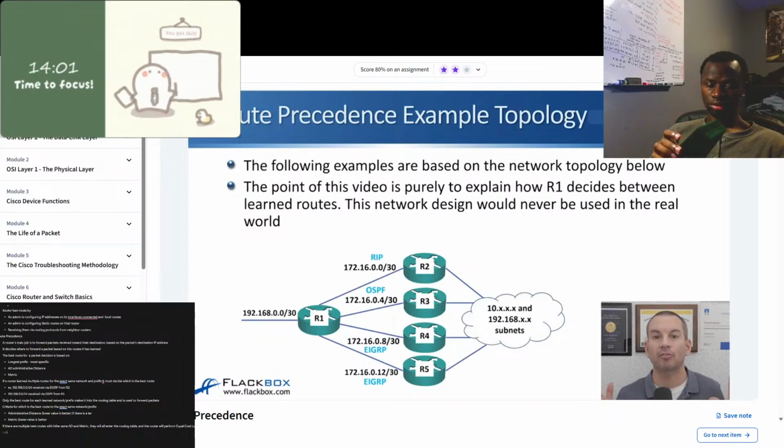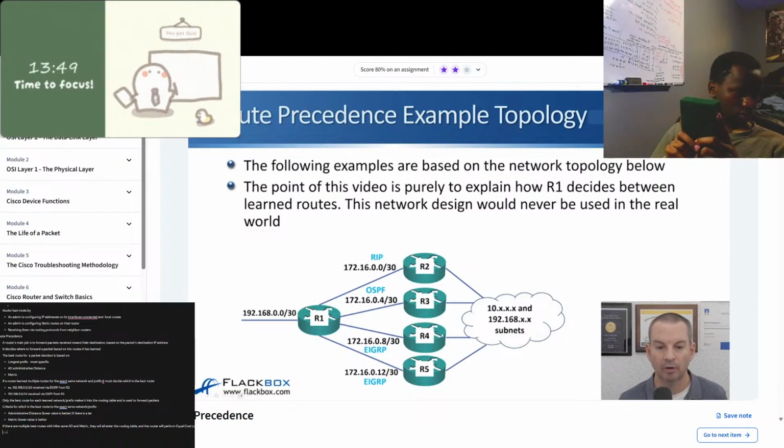Okay, so let's look at some examples just to make sure that everything is explained really clearly. The following examples are based on this network topology here. With this network topology, you would never see this in the real world. You would never have RIP, OSPF, and EIGRP all being used in the same network.